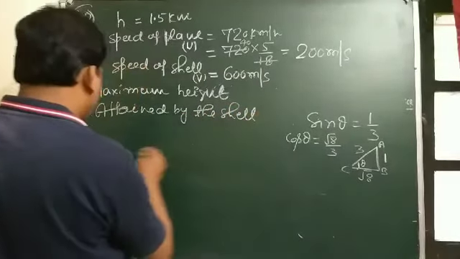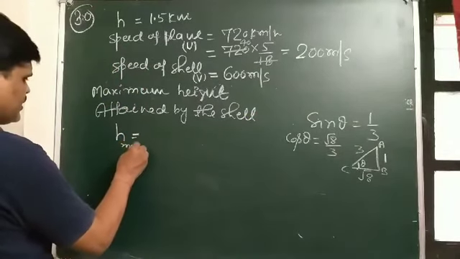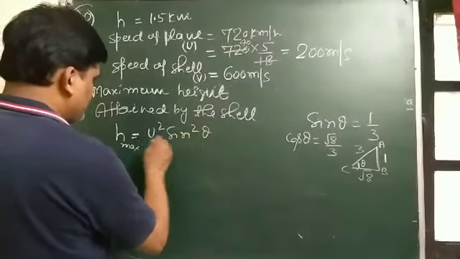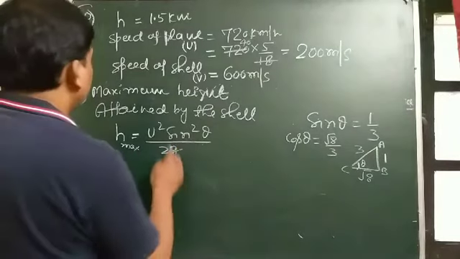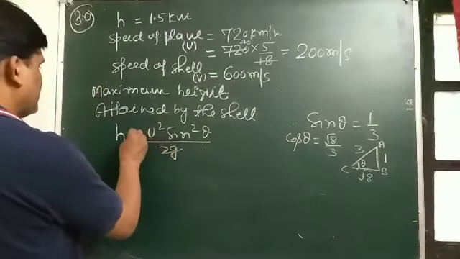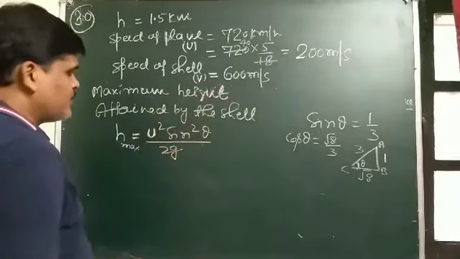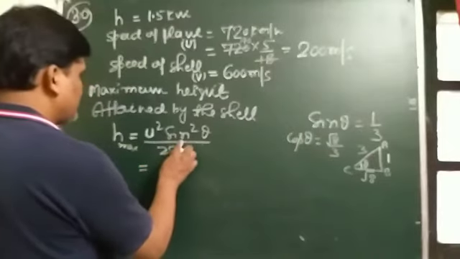You know the formula, H max equals u square sin square theta by 2g, and u, that is the shell velocity, is 600 meter per second, and sin square theta.